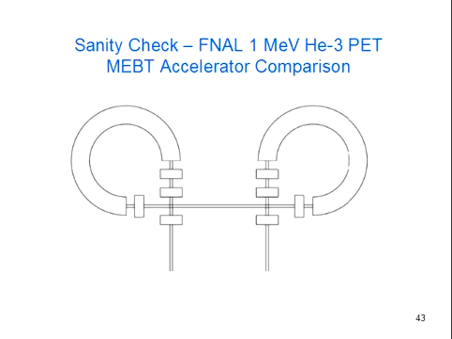So at this point, it makes sense again to do a sanity check by comparing the ECOFusion design against a known, proven accelerator. In this case, we will compare the ECOFusion design to the design of the helium-3 PET MEBIT accelerator from the recently successful Fermilab experiment.